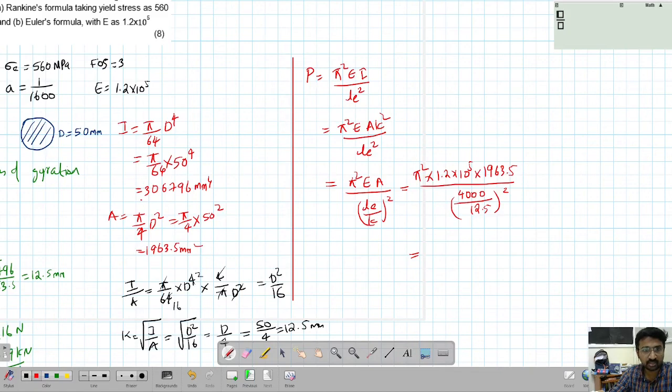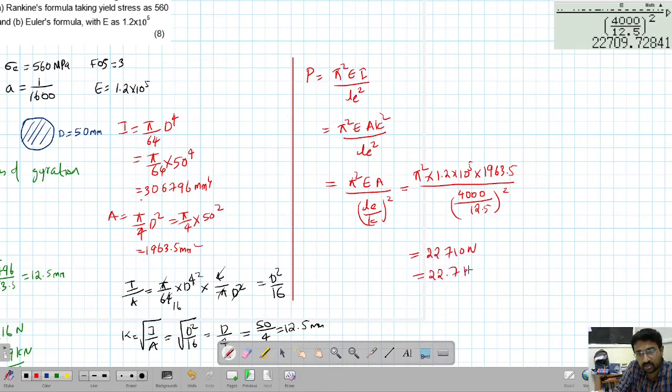So this is pi square times 1.2 times 10 to the power 5 times 1963.5 divided by 4000 upon 12.5 square. Okay, so this gives me 22709.7, so 22710 Newton or 22.7 kilonewton.